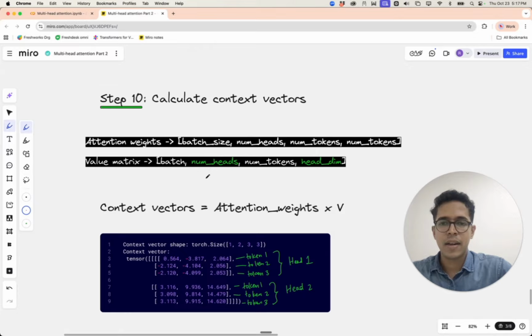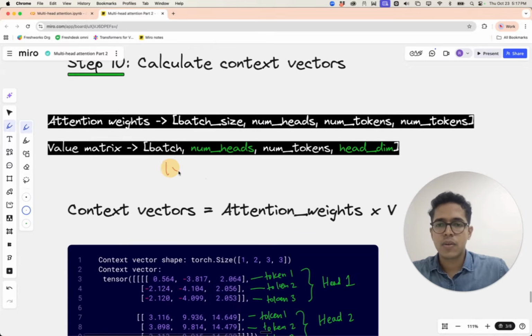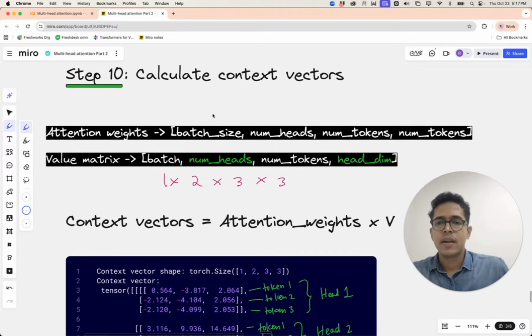Yeah, I have literally written it here. So value was 1 by 2 by 3 by 3. Attention weights was 1 by 2 by 3 by 3.